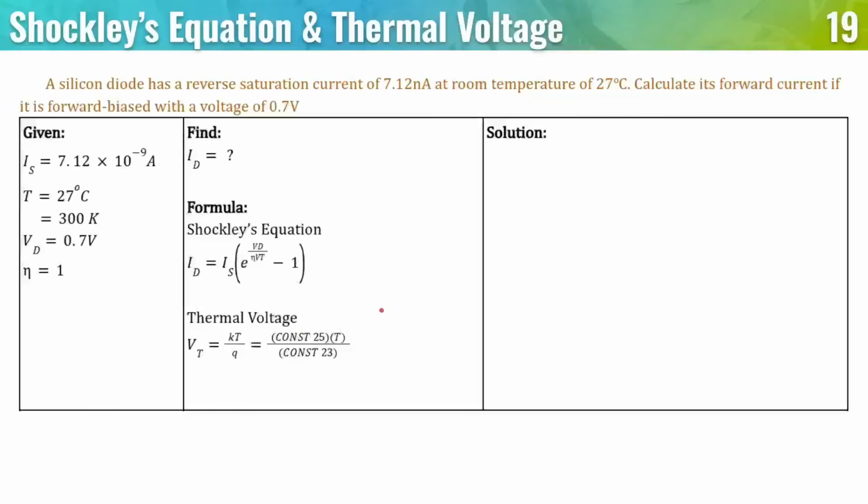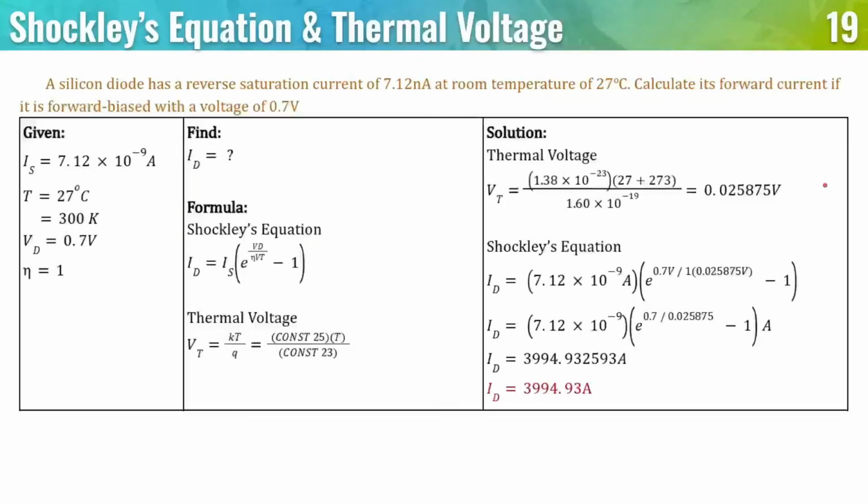As usual, we start with the thermal voltage. 27 degrees Celsius is equal to 300 Kelvin. So when we put 300 times k over q, we're going to get 0.025875 volts. I'm going to store this on my calculator and use exactly what appeared here in my computation.